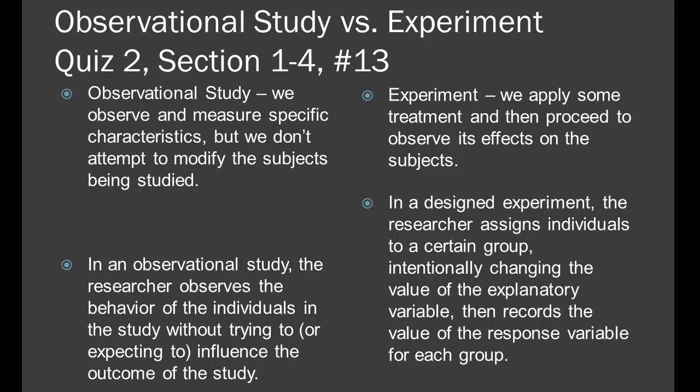So I've got two groups, and I've changed the variable, whether or not they received fertilizer, and I'm going to be looking to see how it affects the growth of the plant. That's an experiment. A treatment was intentionally applied so that we could determine the effect of that treatment by looking at the outcome on our response variable, okay, for each group.